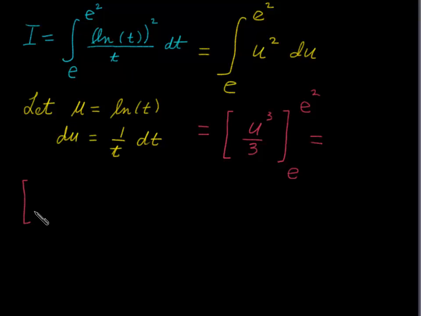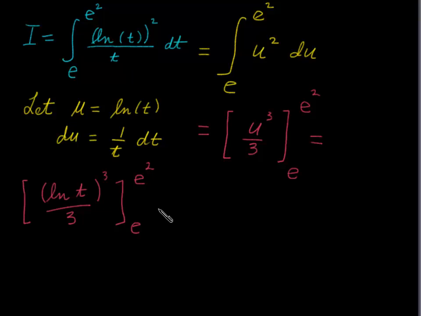And when I do back substitution, in place of u, I'm going to have the natural log of t, and I see that that's cubed, and also divided by 3. Now that is in the original variable t, and that is where the limits e and e squared apply.